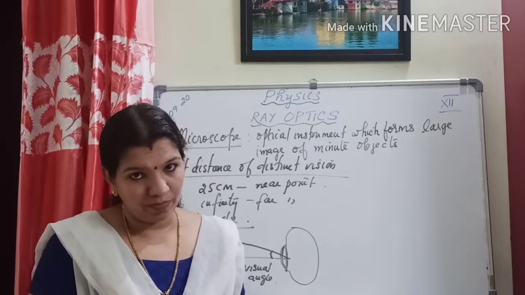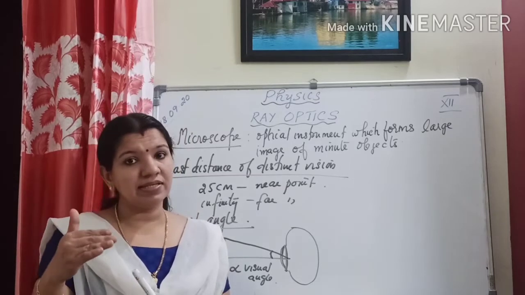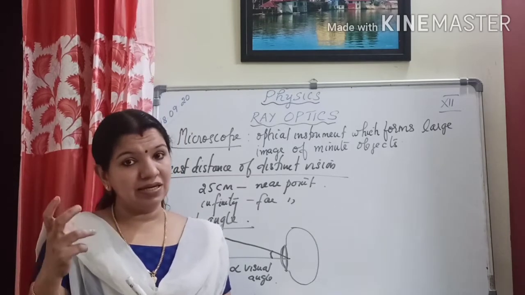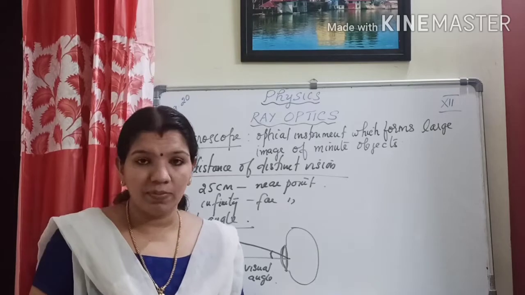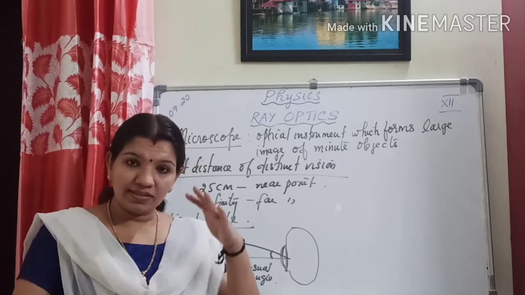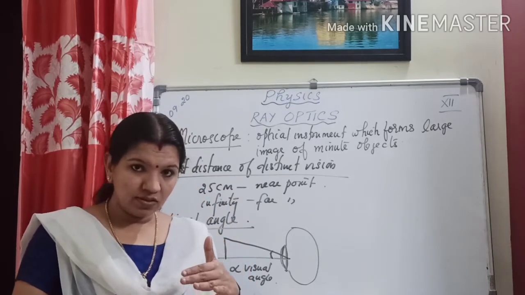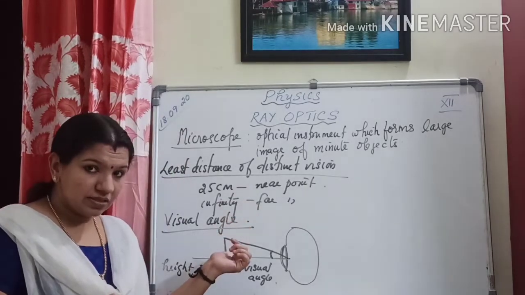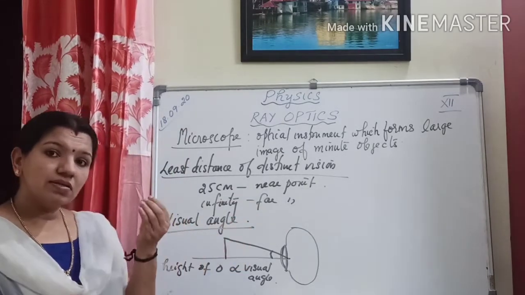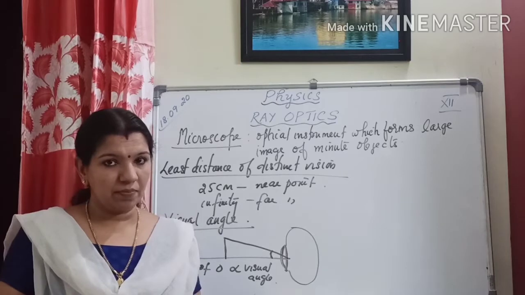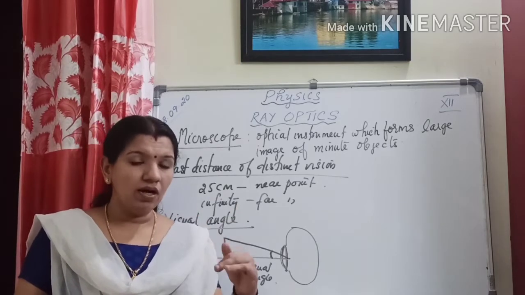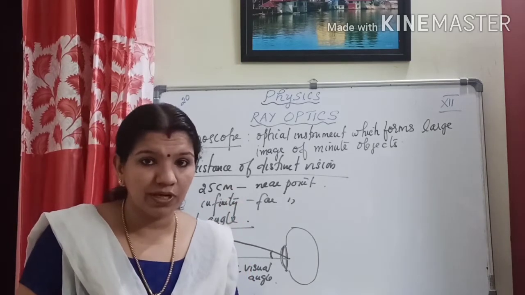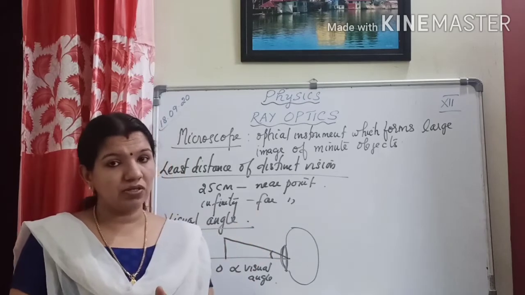Magnifying power is more. Understand? Visual angle is very high means if the angle is large, the magnification will be large. But as the visual angle decreases, the height decreases, isn't it? So that the size is also decreasing. Got it? So here already you have studied linear magnification in terms of height of image and height of object.